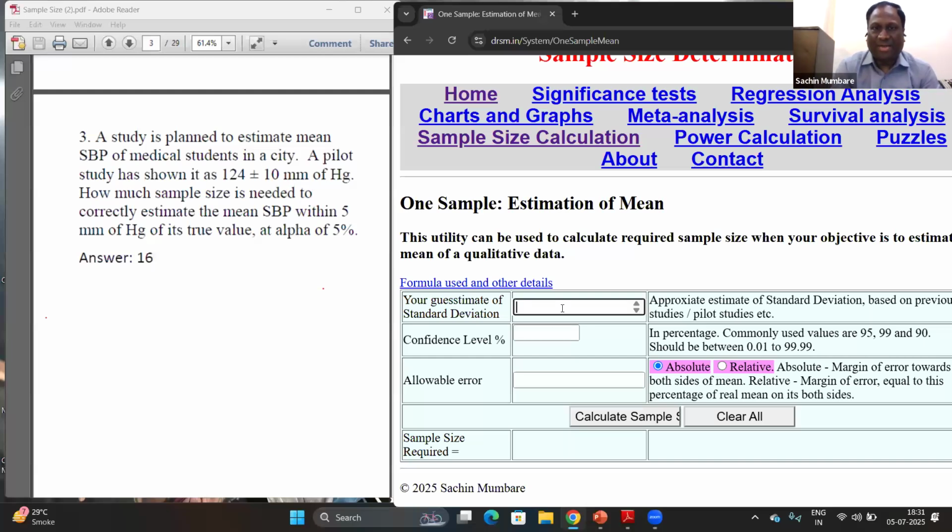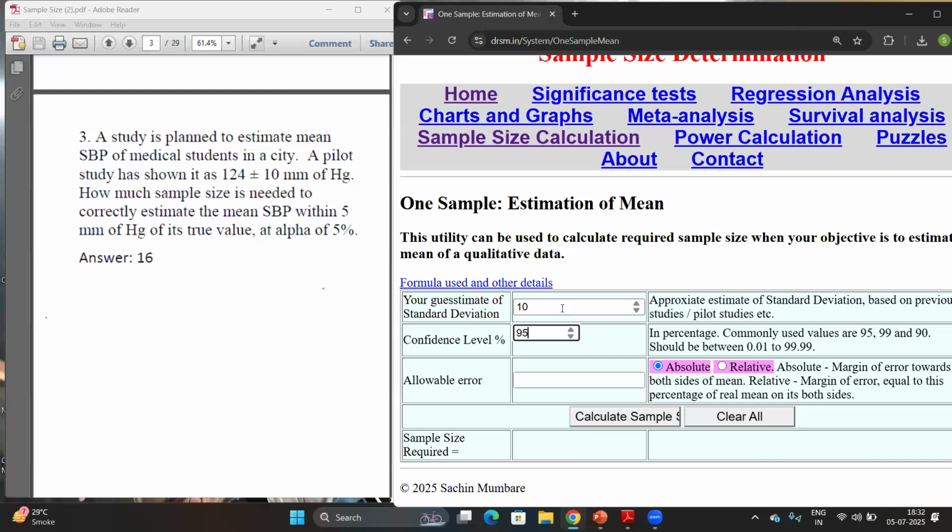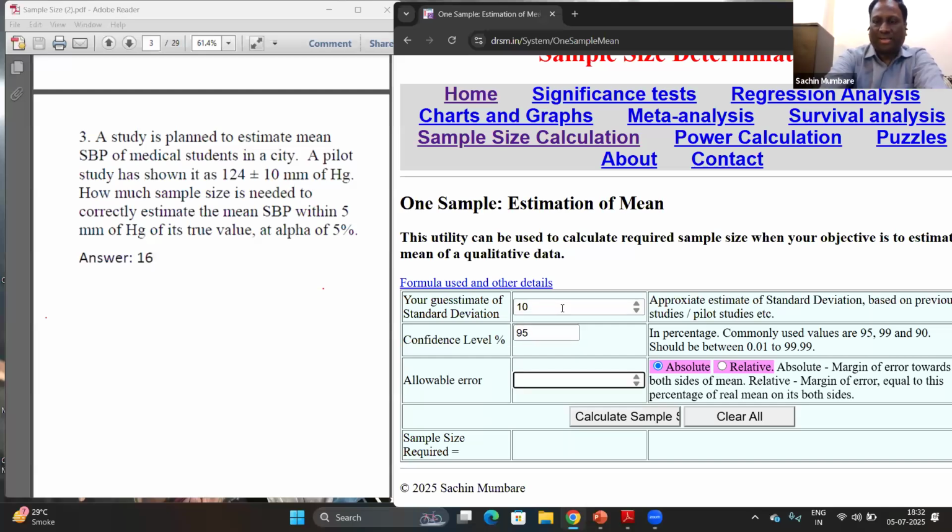I'll not go into the mathematical details of that, but just remember, if it is ratio data, the sample size depends on the variability. So standard deviation, how much? 10. Confidence level is how much? 95. Allowable error is how much? 5.